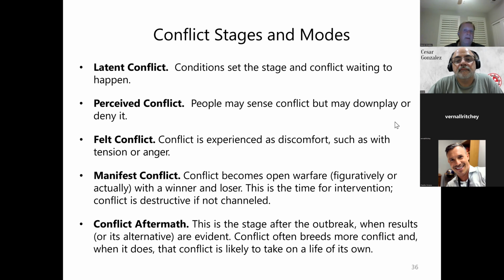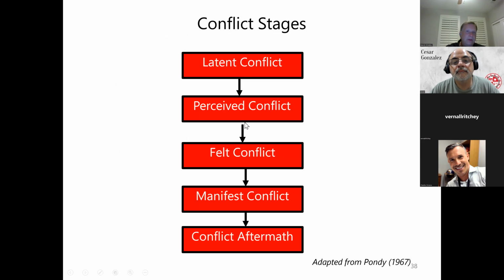It starts to become a self-perpetuating situation where the organization is always in a state of conflict. And so the moral of the story for leaders is you need to identify conflict as early as you can and hopefully intervene well before you get to that manifest conflict stage. Because once you get to that stage, it really does end up becoming that self-perpetuating type of cycle.